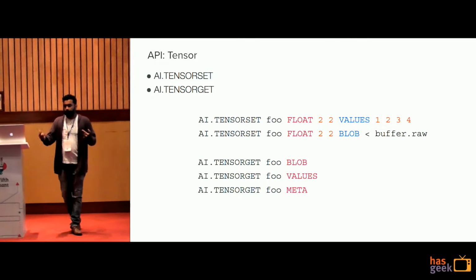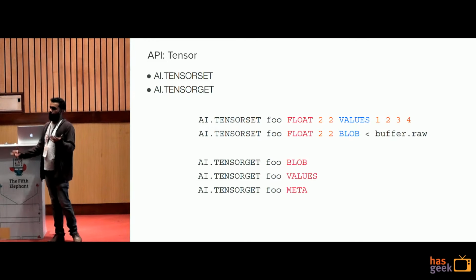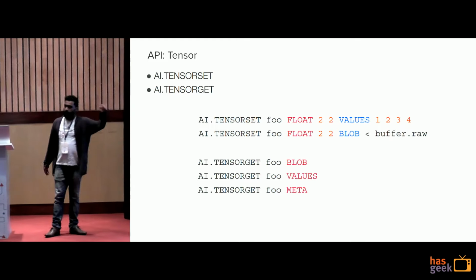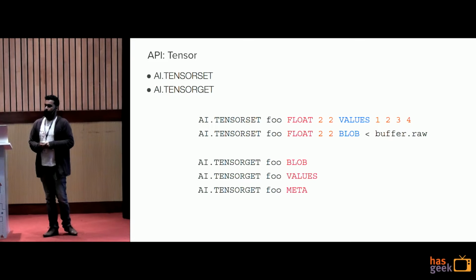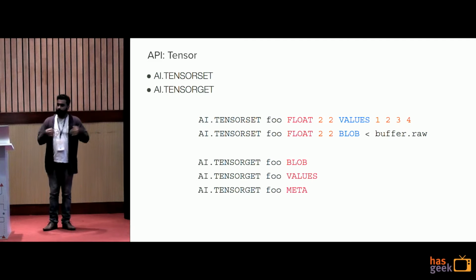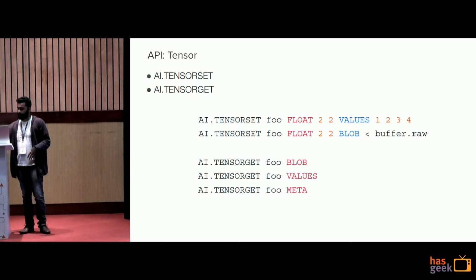You don't have to pass values individually. If your input is an image of size 416 by 416 by 3, that's going to be a huge array. You can convert it to a byte array and pass that byte array. RedisAI will still take that. You can get the tensors back with the same key. So if you know the key, you can do tensor get of that key and you get the value back.